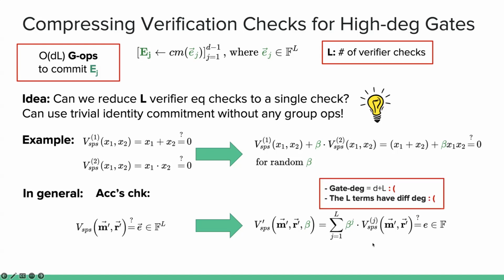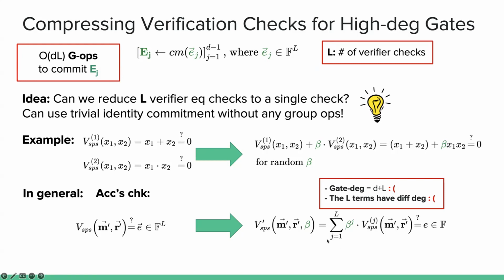However, this idea has some issues. First is that the degree of this verifier check is actually much larger, because in the last term, we will multiply this verifier check by some power of beta, up to beta to the L, which has degree L. So the gate degree now becomes D plus L. And L is usually very, very large. It might be even much larger than D. So it makes the scheme even less efficient.